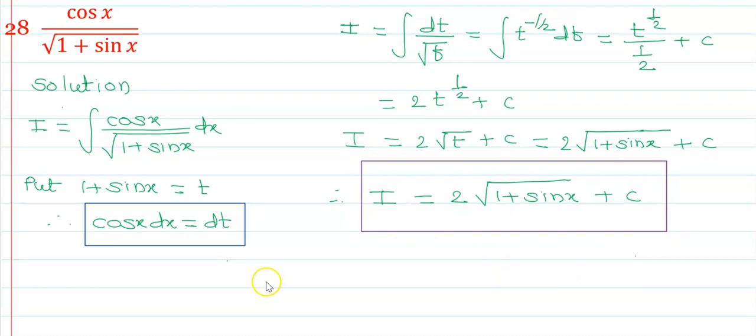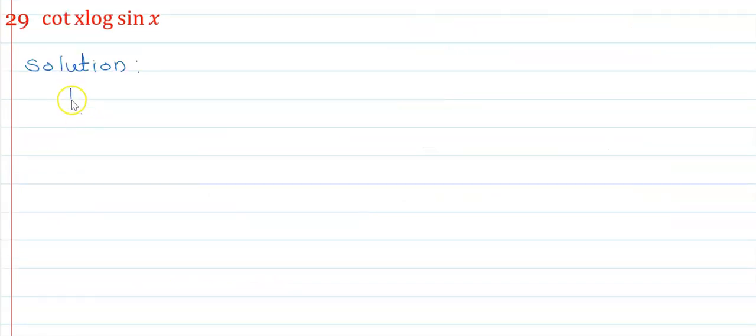You can see this. Very easy questions are here. Next, I is equal to the integral of cot x times log of sin x dx. Now here the substitution is log of sin x equals t. If you differentiate it, you will get cot x. And therefore, by observation, you can select the proper substitution.